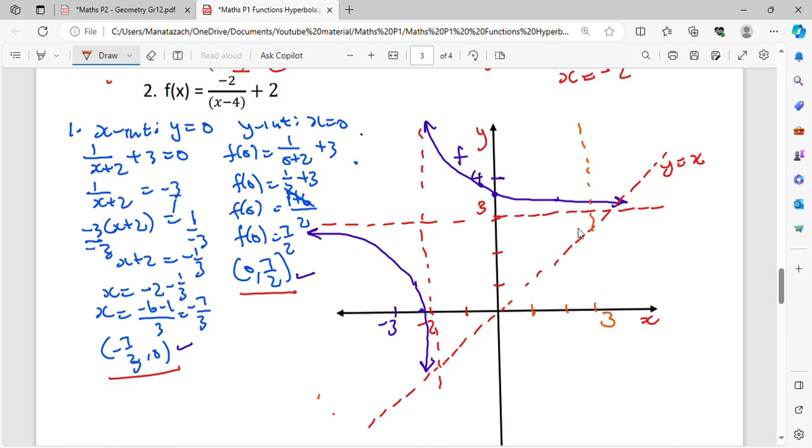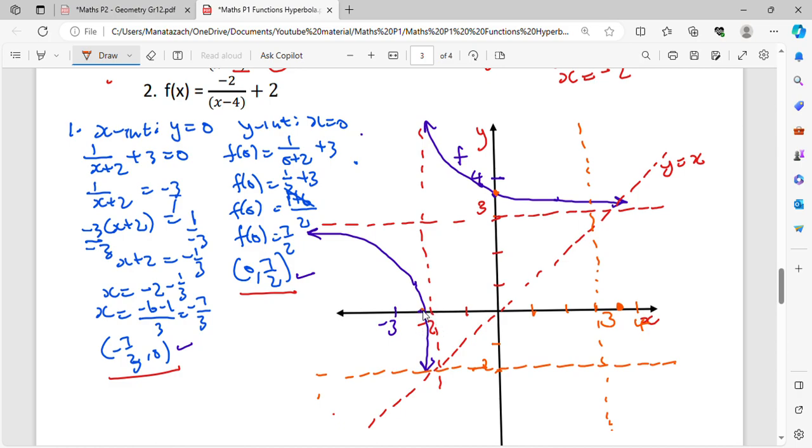The asymptote, instead of it being y, is going to become x. Likewise here, we have minus 2. That means the asymptote will cut on the y-axis. So everything is just swapped around. The y-intercept of 7 over 2 will become the x-intercept. 7 over 2 will be here for the inverse.